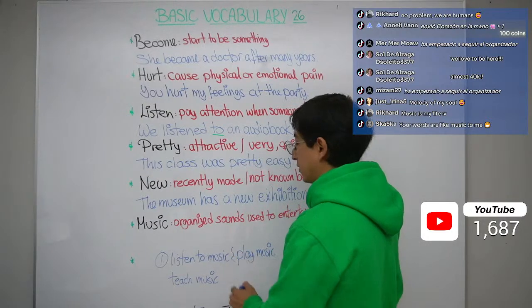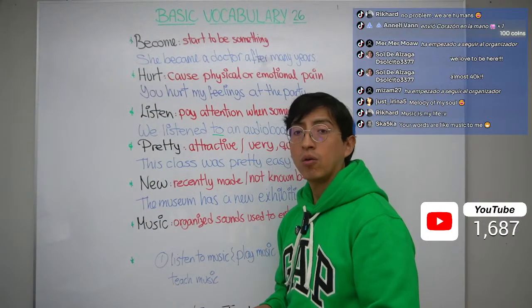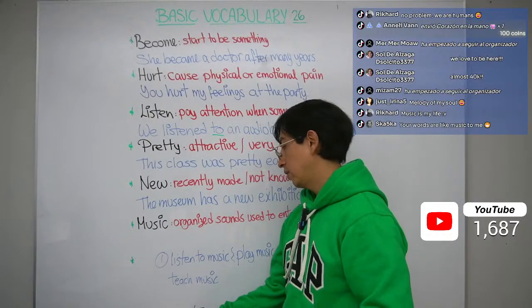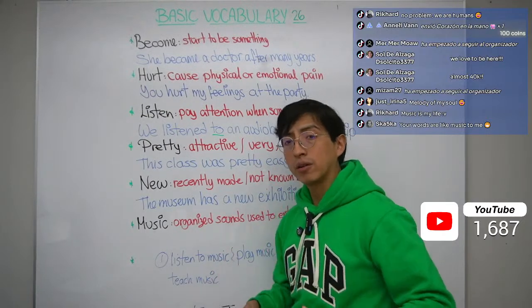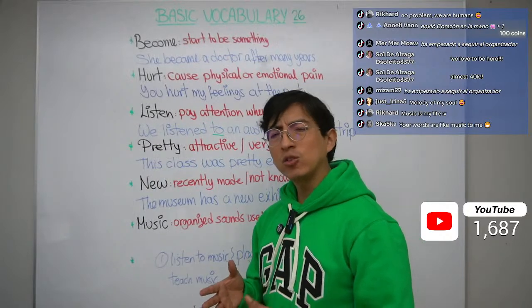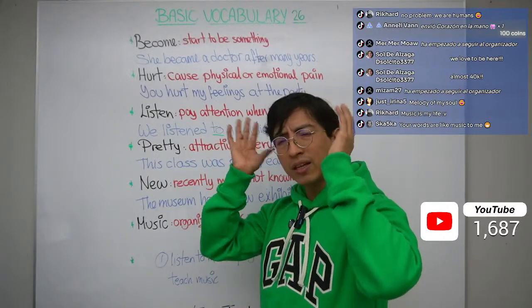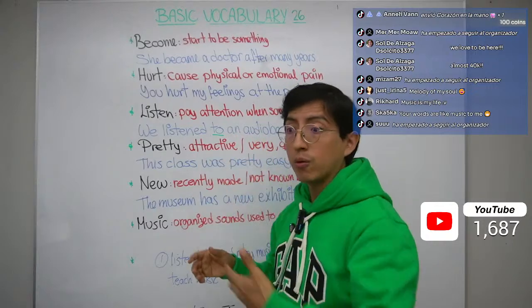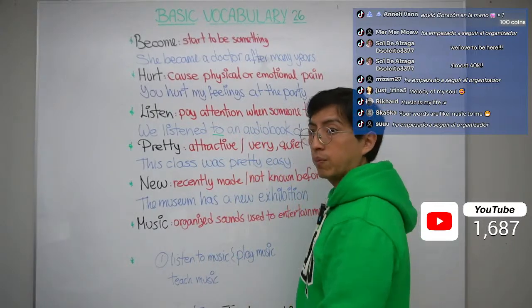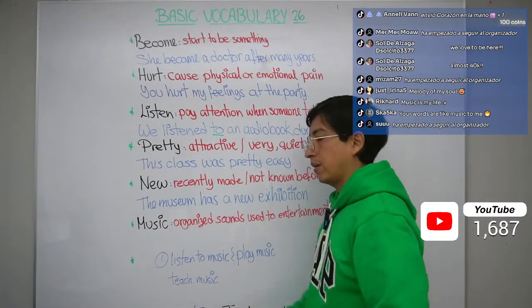Yeah, you can say, guys, I listen to music or I play music when I'm cleaning, for example, okay? Or maybe I like to play music when I am taking a shower, okay? I want to listen to music or I want to play music. Yep, very good.